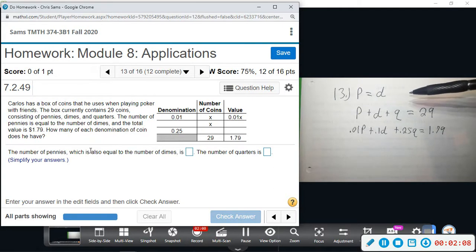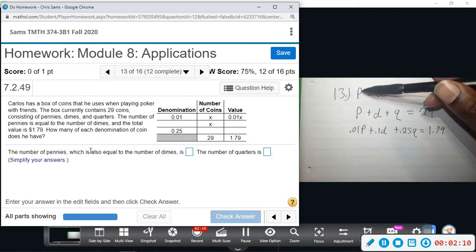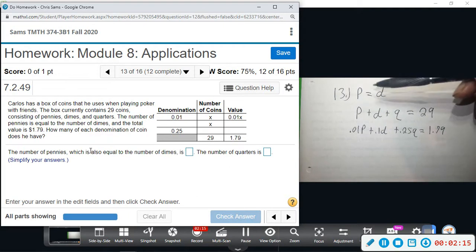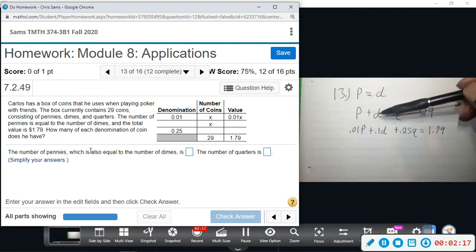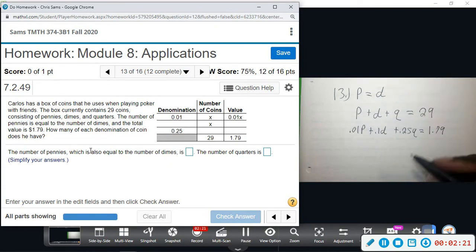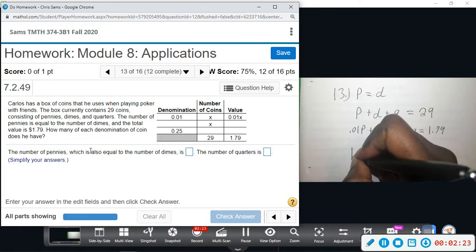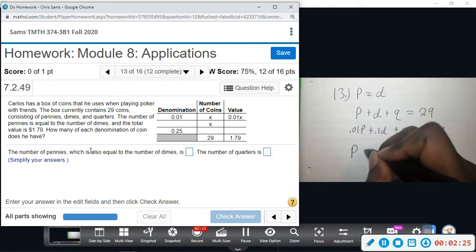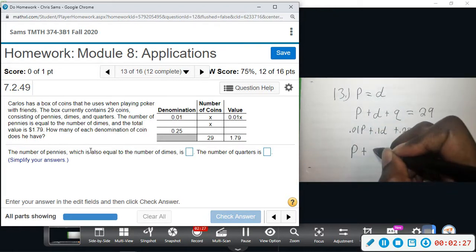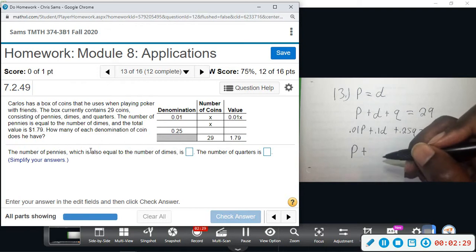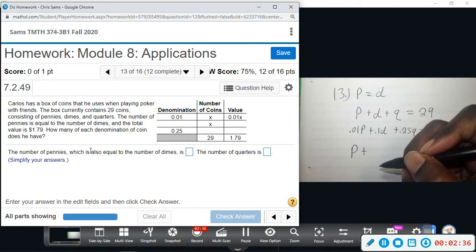So what we're going to do is first substitute P in for D. I'm going to put a P here and a P here, so I'm going to have 2 equations, 2 unknowns. They want to know the number of pennies, which is equal to the number of dimes, so we can do that.